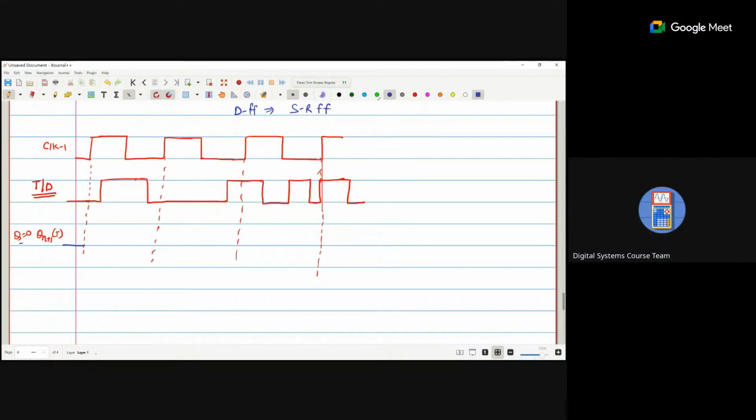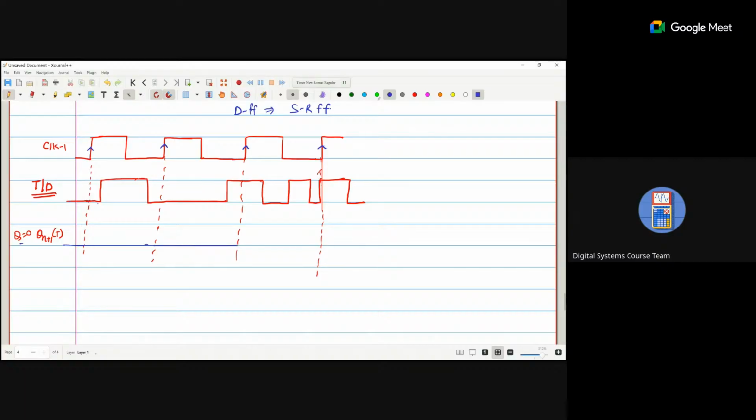Now when the positive edge appears, T input is 0, which means no change; the output remains the same. Again, positive edge appears, T is 0, so no change.